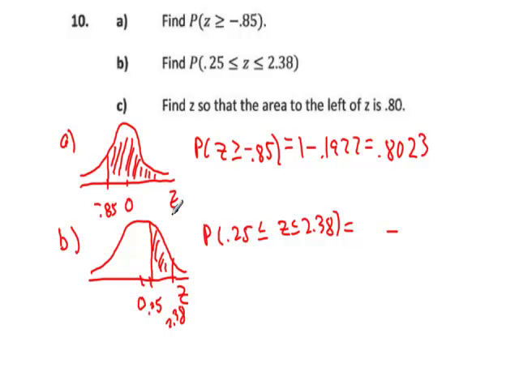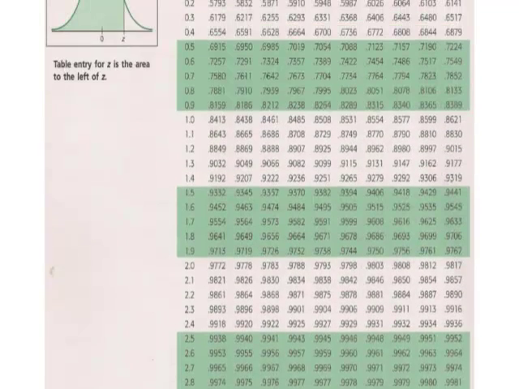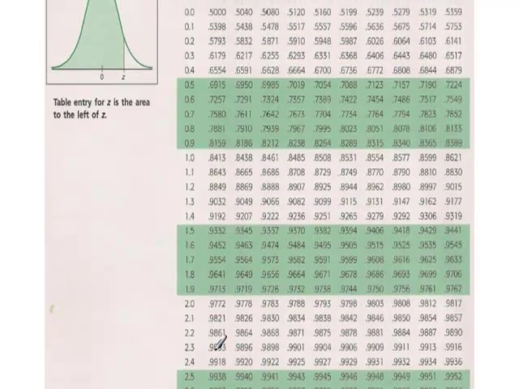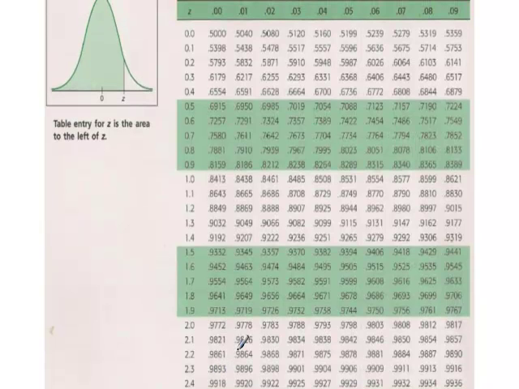So let's look up 2.38. 2.3, slide over to the 0.8 column, gives us 0.9913. And again, this is the area to the left of 2.38, 0.9913.